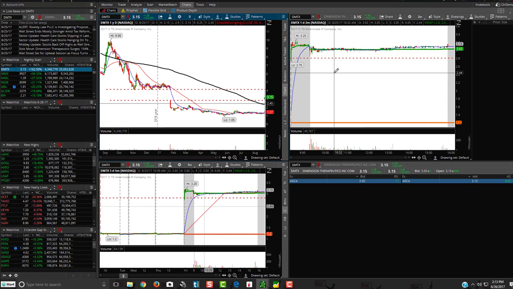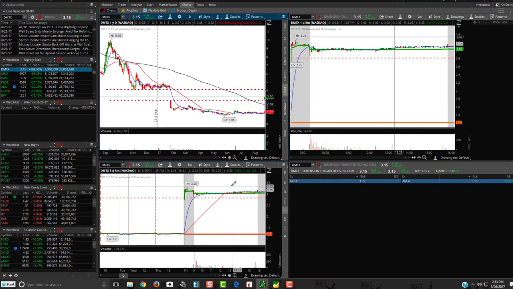And then I like the very short-term time period, either the 1 minute or now I'm testing out the 2-minute, to see the patterns building within the intraday, where there'll be a potential breakout or breakdown on the daily, and then get my entry on the very short time period.